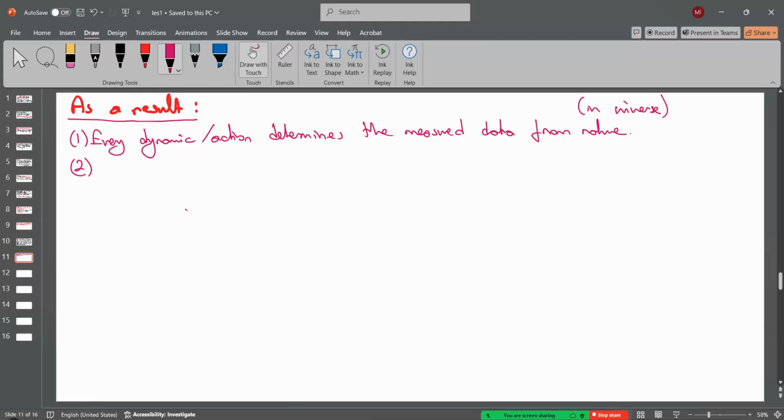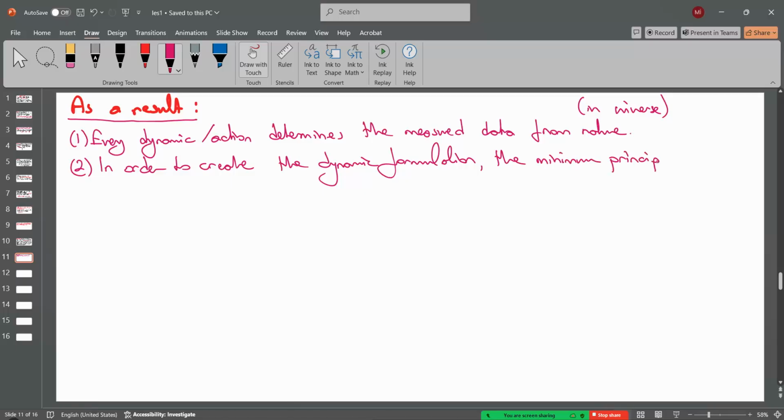And so in order to create the dynamic formulation, the minimum principle must be utilized, right?